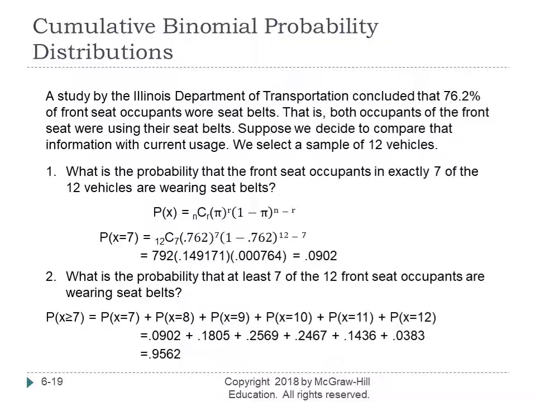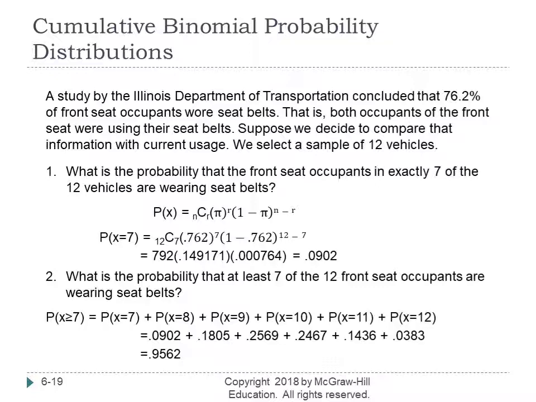For any car you pick, the front seat occupants are either wearing seat belts or not wearing seat belts. Here we're given the probability that the front seat occupants are wearing seat belts, but that's your success. Success is that when you stop a car, the front seat passengers are wearing seat belts. Probability of success is 0.762.